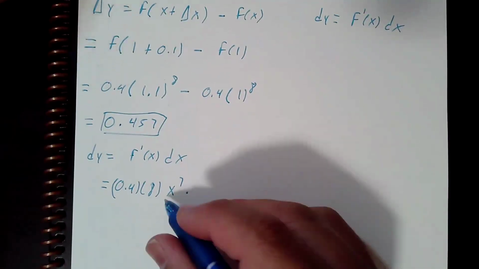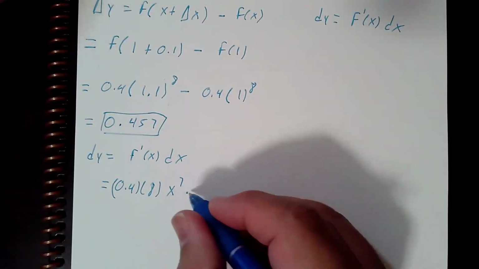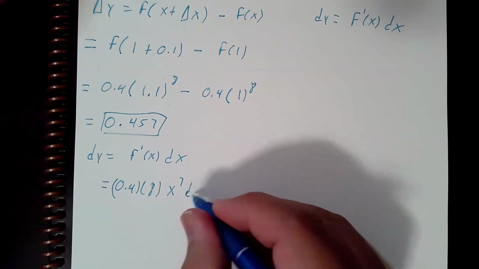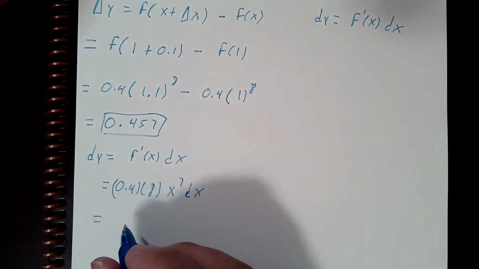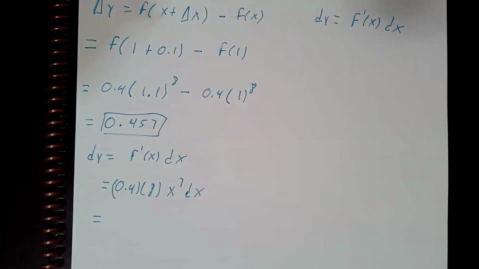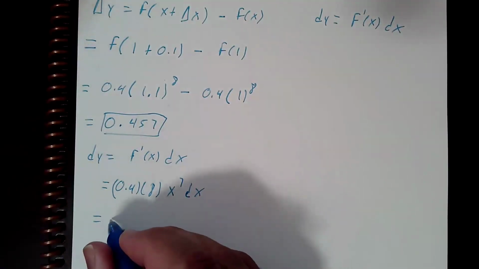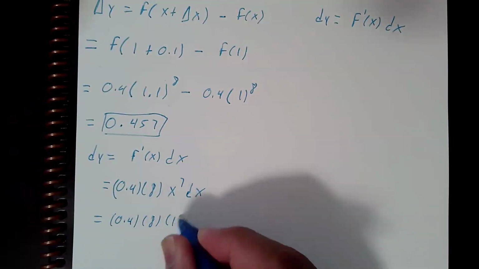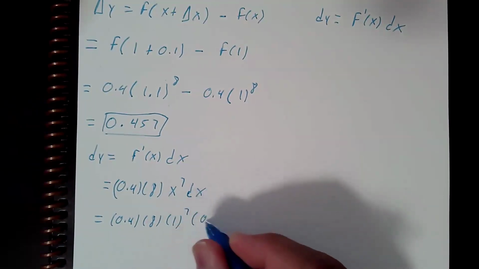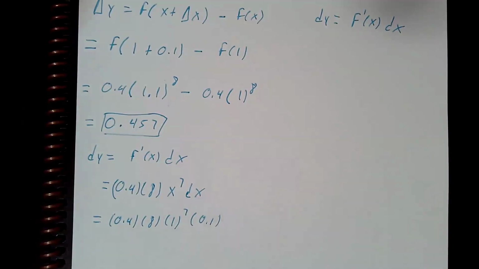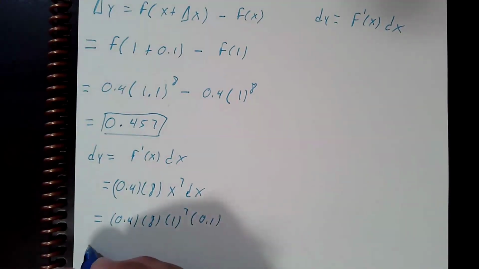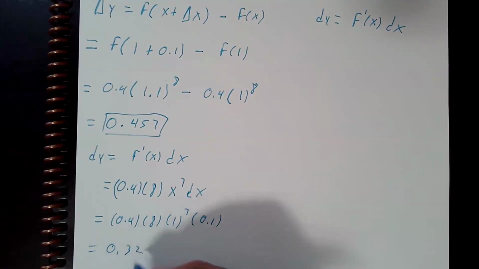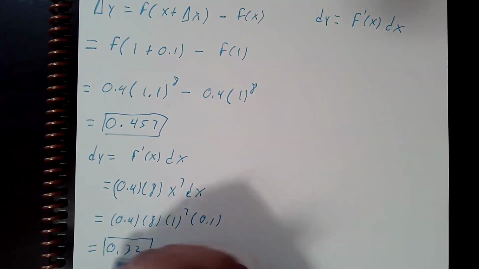I should probably plug in the 1 for x, but that's okay, we'll do it in the next step. So 0.4 times 8 times 1 times 0.1. Multiply all this out and you'll get 0.32. So there's my dy and my delta y.